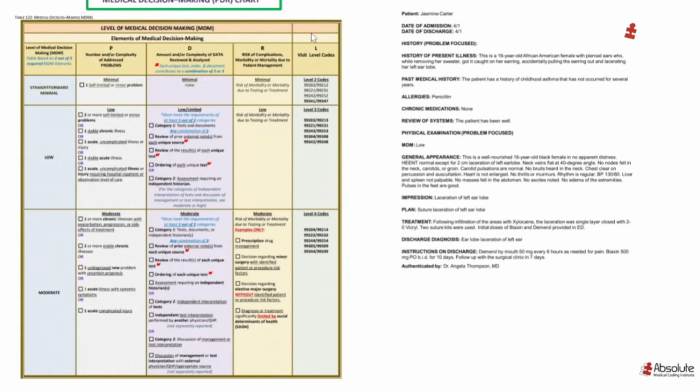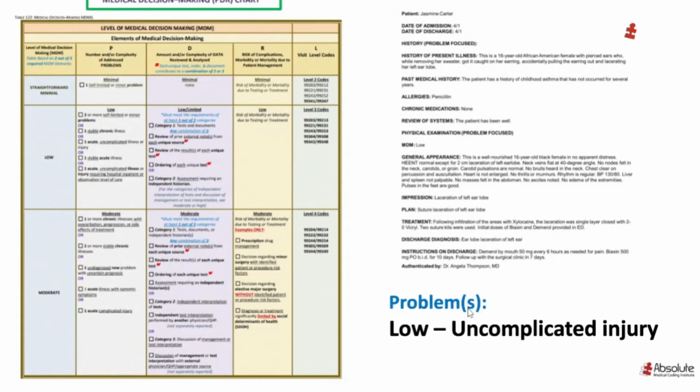All right, so here's my PDR chart. And essentially, I'm just going to tell you that I think this is a low, acute, uncomplicated injury. One acute, uncomplicated injury. Does anybody see anything else on this list? Does anybody think that I may need to consider something else? Could this be moderate?